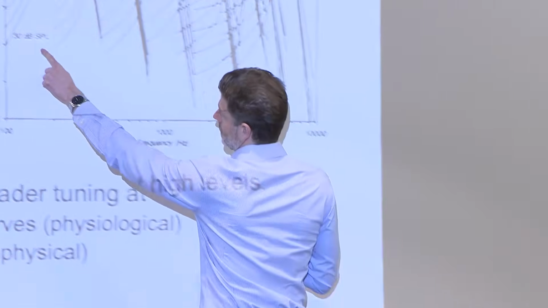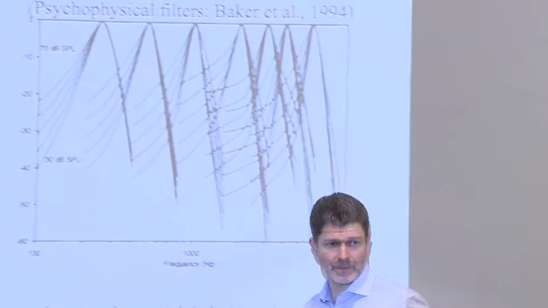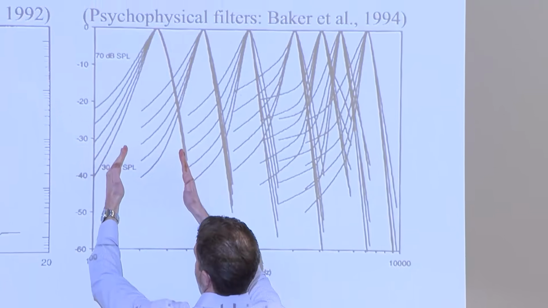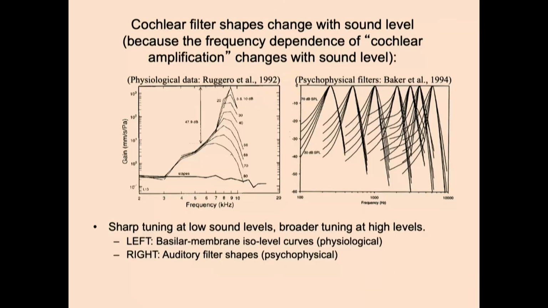So this is 30 dB SPL, so that's pretty quiet, and the highest one is 70 dB SPL. And you can see that the low intensities give you narrower tuning than the high intensities. So that's a psychophysical analog of that phenomenon. All right, so in general, we see sharp tuning at low sound levels, broader tuning at high sound levels. And you can see this both physiologically and psychophysically.